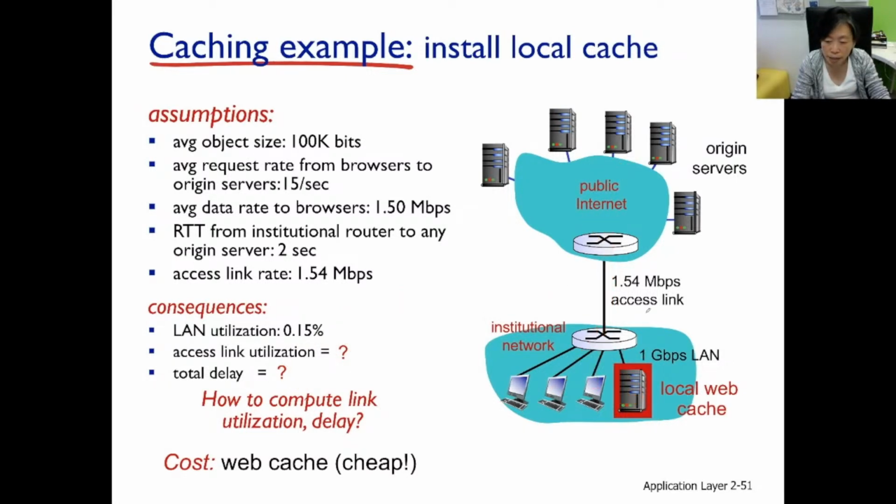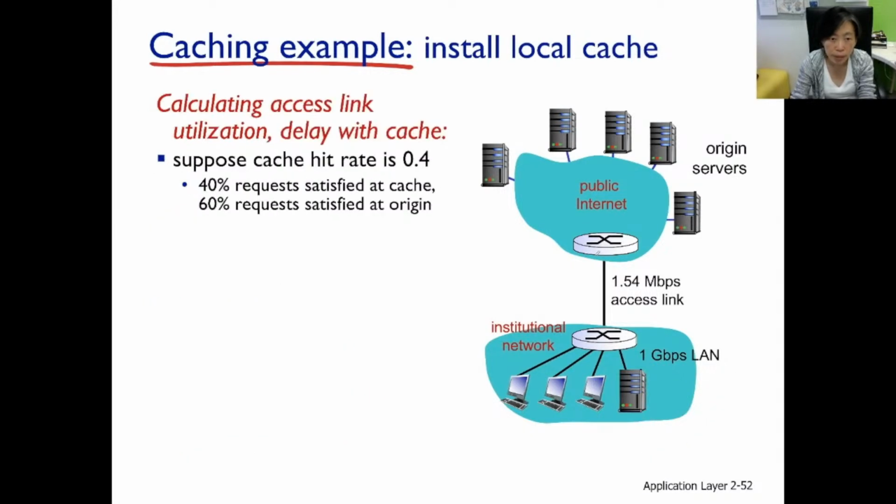That is the hit rate: the proportion of requests being satisfied locally, the hit rate or success rate. Let's suppose the hit rate is 0.4. Then 40% of the requests will just stay here. Only 60% goes out and back.